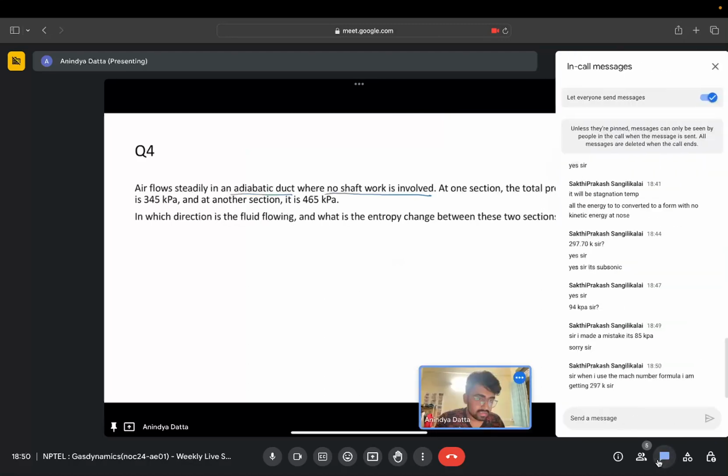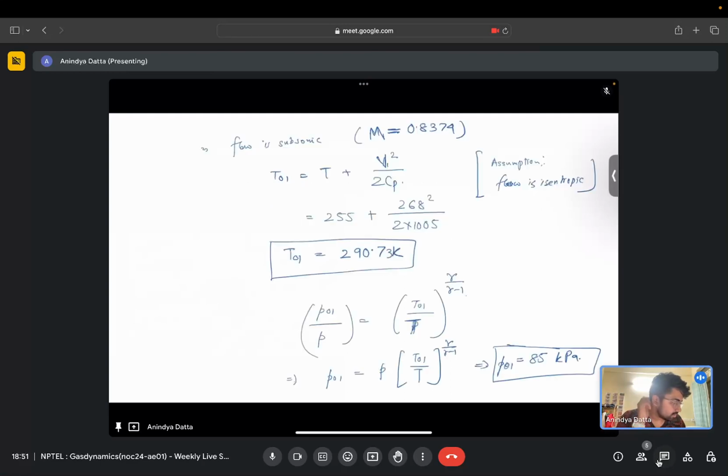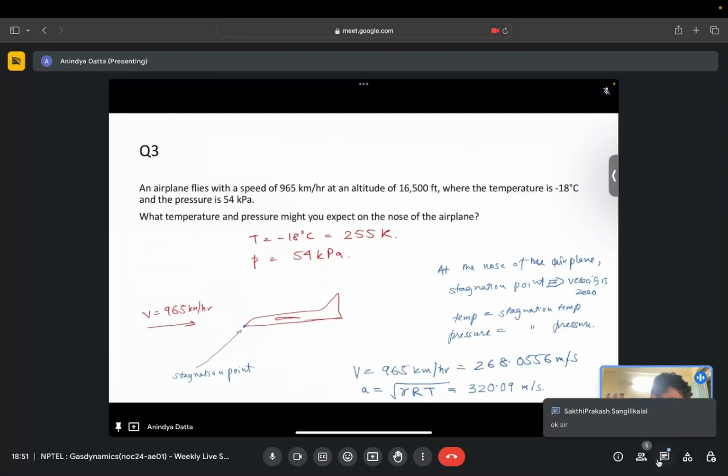Yeah, so it's just 297 Kelvin. It might be coming up because of small round-off errors, based on the number of significant digits you take.